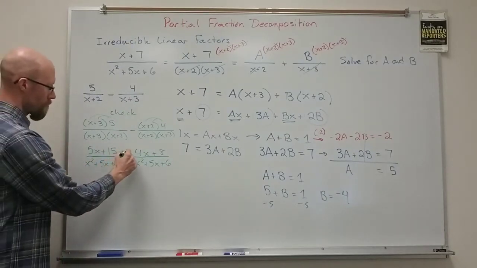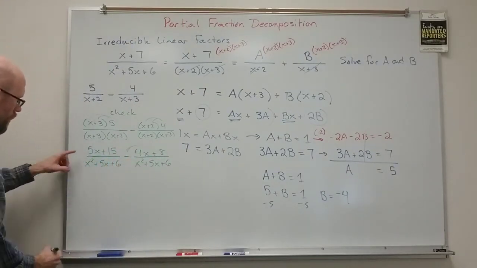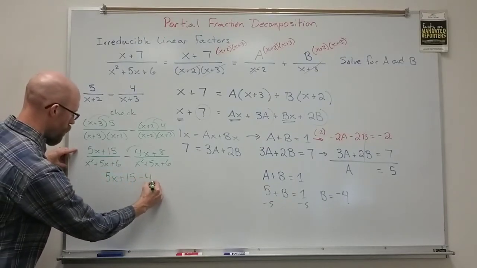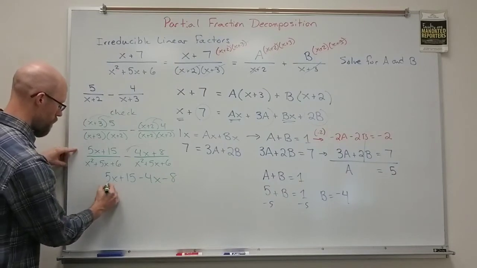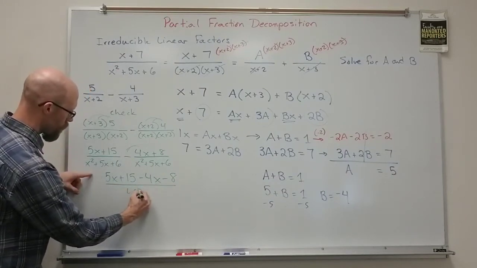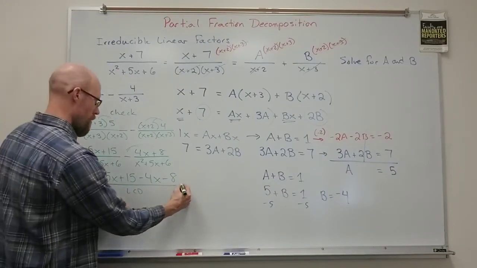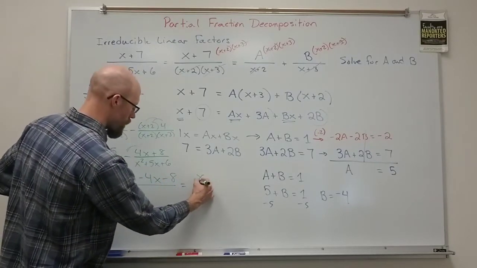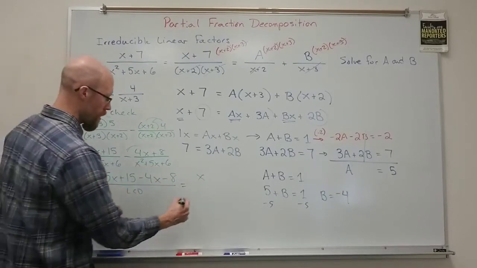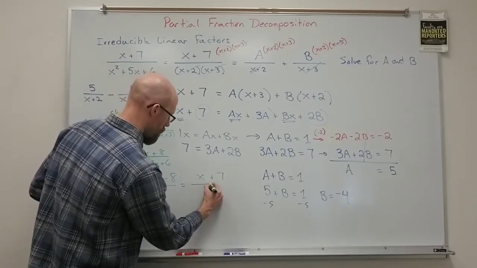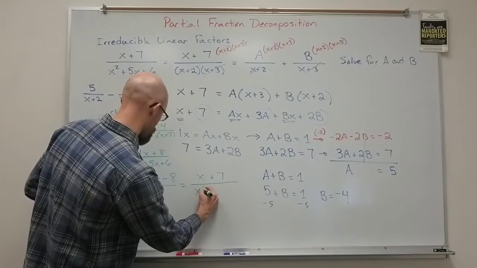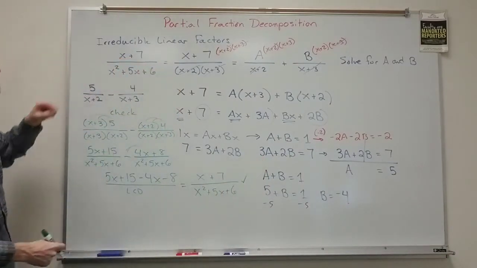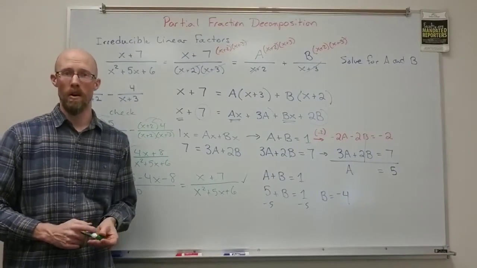Now I would distribute the minus, and that would give me 5x plus 15 minus 4x minus 8 all over this LCD, which I'll just write as LCD to keep it short. And when I combine these, 5x minus 4x, that's just x. 15 minus 8, that is 7. And my LCD is x squared plus 5x plus 6. So it checks out because that matches the original fraction that we started off with.